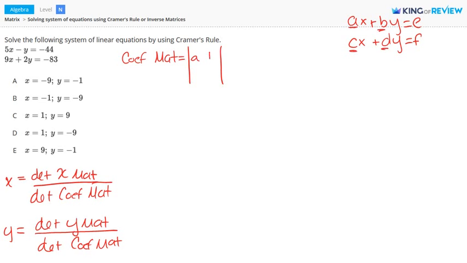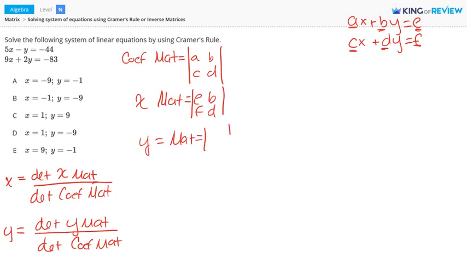So we have A, B, C, and D. Now the x matrix is going to equal E and F, these are the constants, and then B and D. And our y matrix is equal to A, C, E, and F. So this is how we set up the matrices.